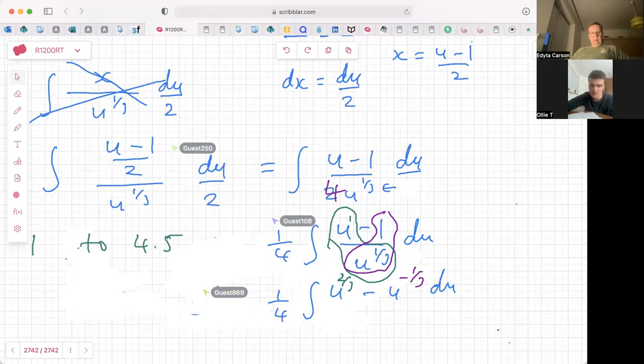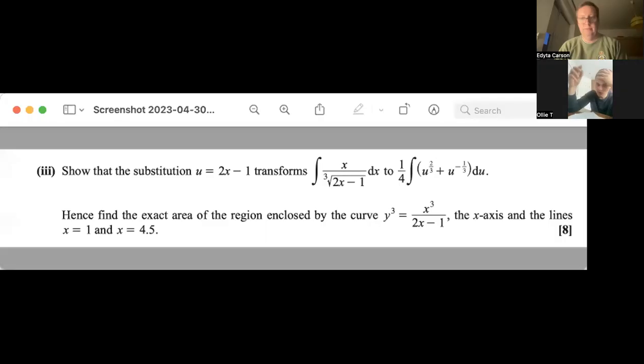So those are the limits. Remember it said find the area of this between... Let me show you. The integral, and then 1 at the top, and then 4.5 at the bottom.